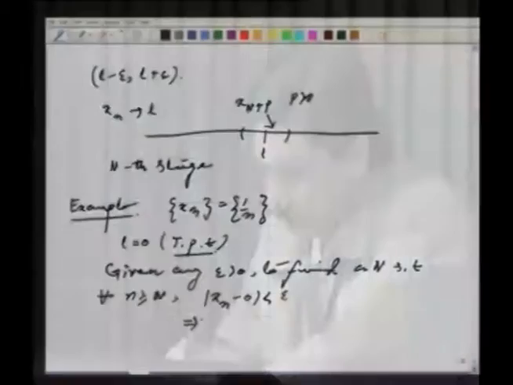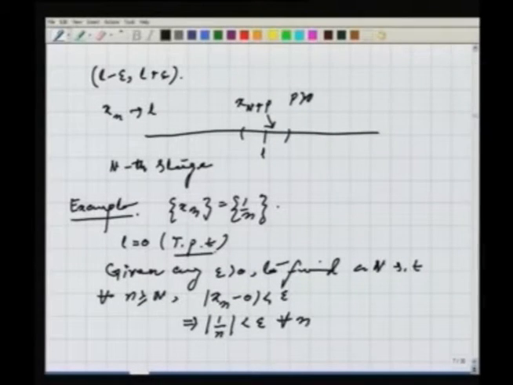This implies, if I just put the values, mod of 1 by n should be less than epsilon for all n bigger than or equal to capital N. I have to find some such N.